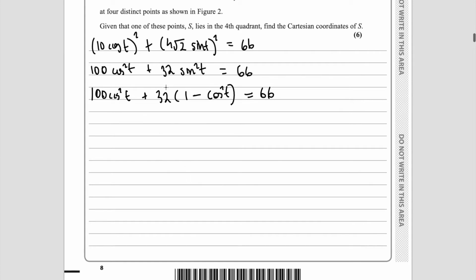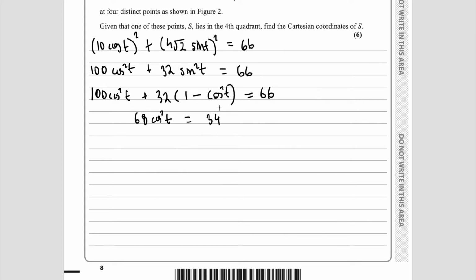We're going to expand this out and then rearrange. So we have 100 cos squared t plus 32 minus 32 cos squared t, and that makes 68 cos squared t equaling 34. So 66 minus 32.